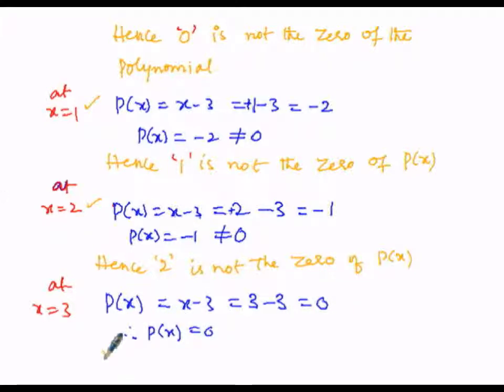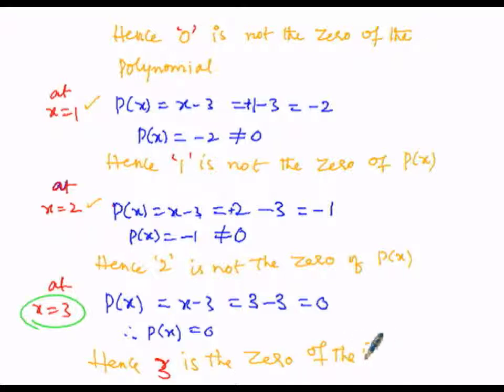Hence x is equal to 3, or simply 3, is the 0 of the polynomial p of x. So we got 3 as the 0 of the polynomial.